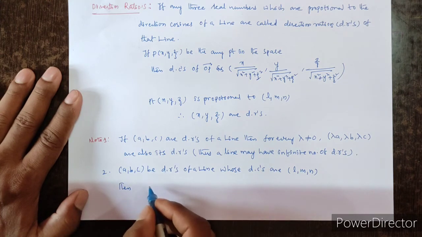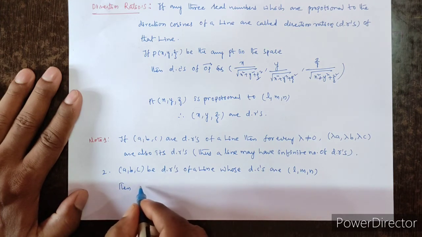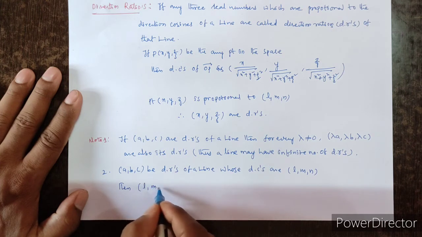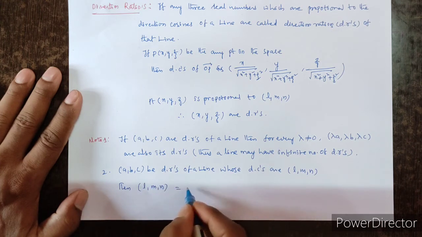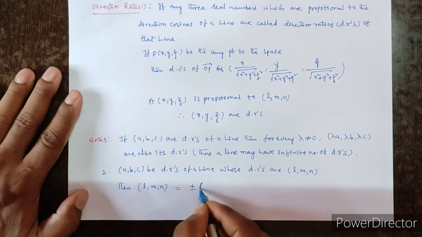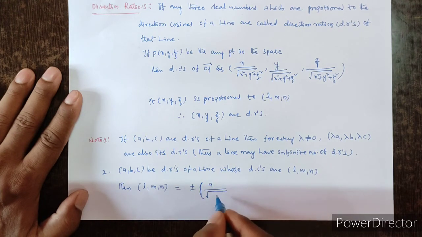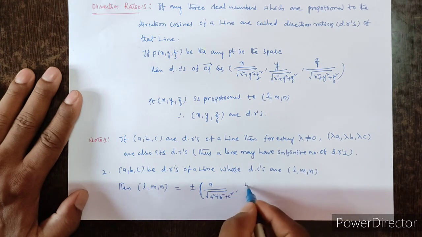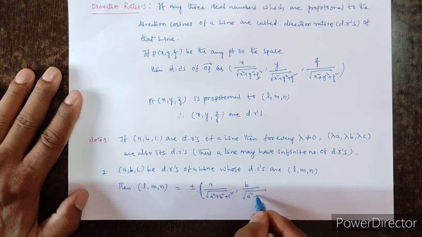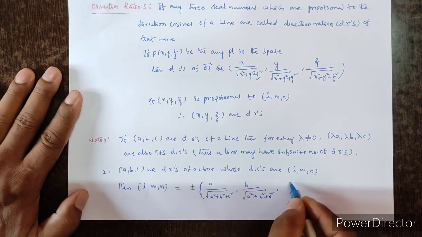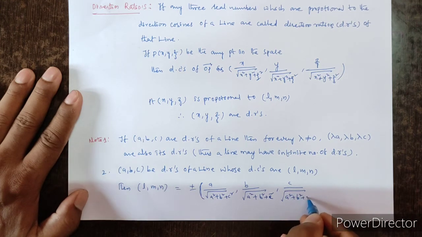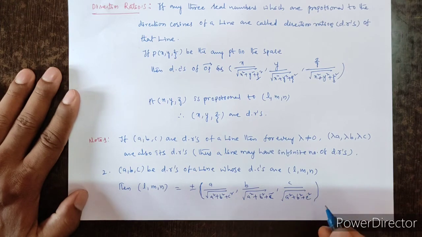Then we can find direction cosines l, m, n as plus or minus a by root of a square plus b square plus c square, b by root of a square plus b square plus c square, c by root of a square plus b square plus c square.